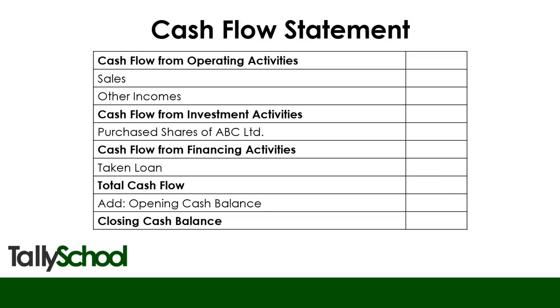But with the help of the cash flow statement, you will know how those losses and profits occurred, or how the assets and the liabilities in the balance sheet have been generated throughout the year, because you will know where the cash is coming from and where the cash is going if you look at the cash flow statement.